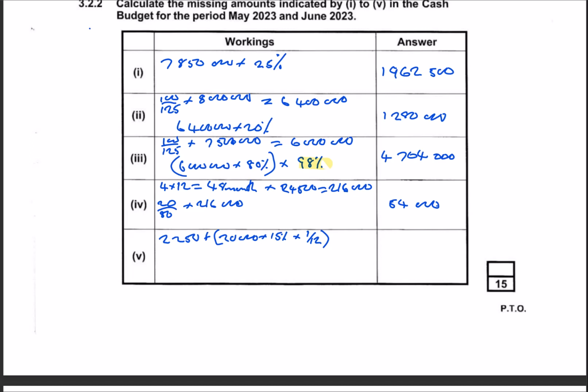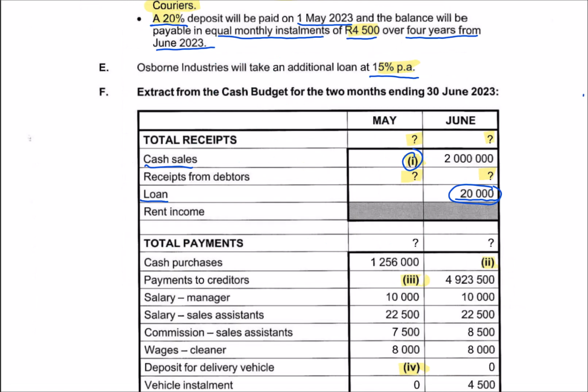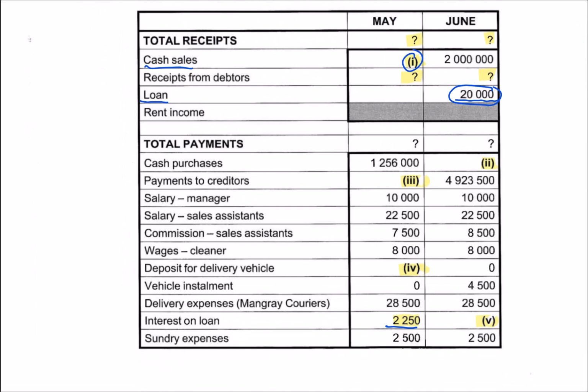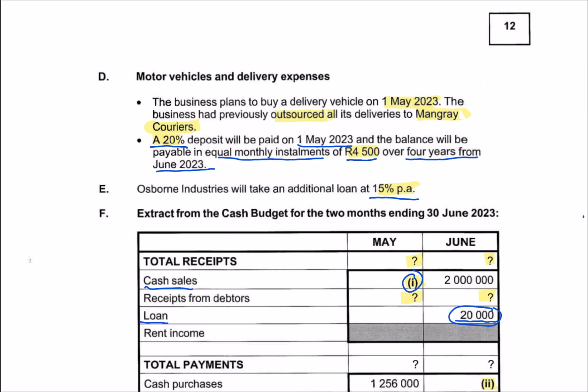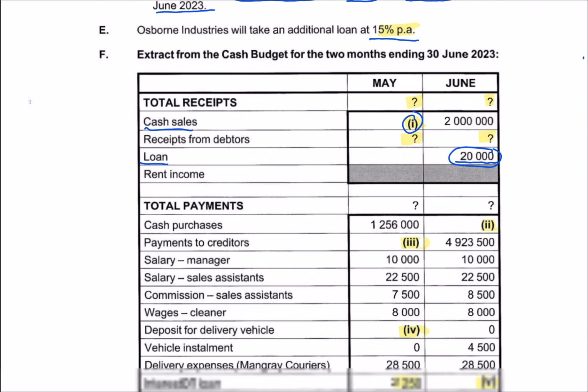That will be 2,500. That's how you calculate your interest, because the 2,250 was given, but we need to increase it by the interest of the new loan that was taken in June. All right.